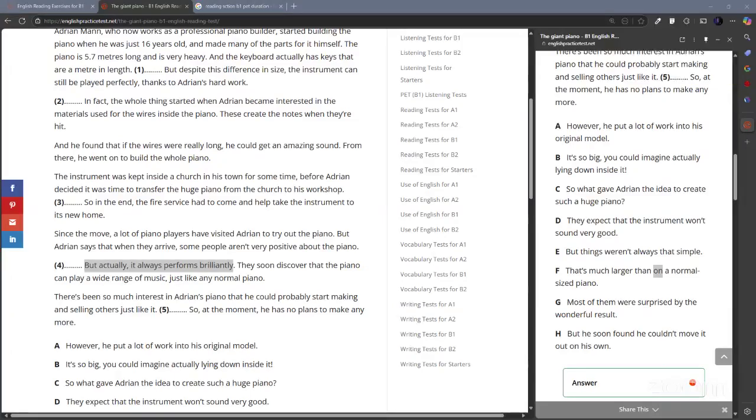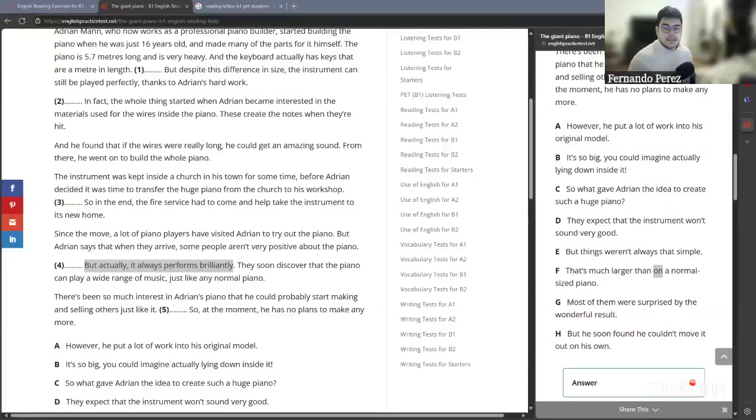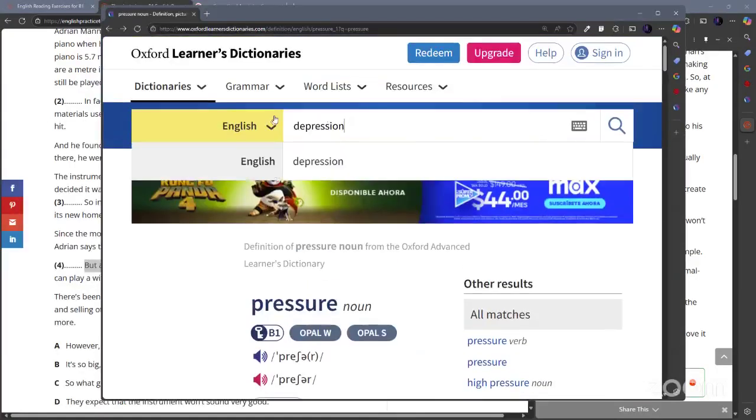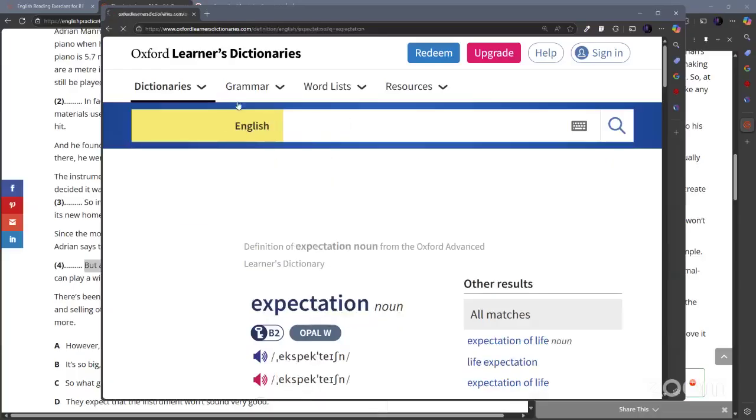I chose the letter D because I understand that the piano sounds good, but at first he had a bad expectation. Yes, he had a bad expectation.